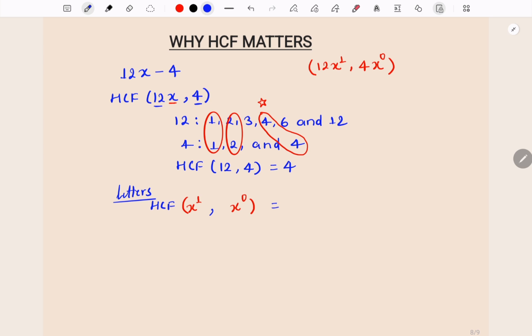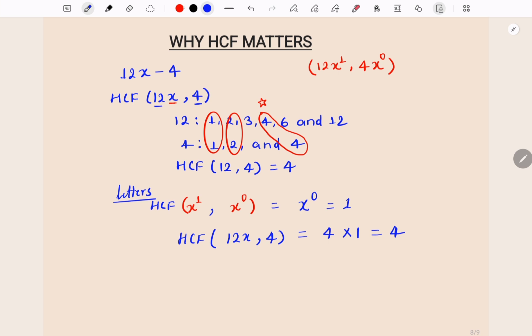using the rule that we just learned, we need to take the smaller power of the letter. So the smaller power is clearly 0. So x raised to the power 0 is 1, right? So the final HCF of 12x and 4 would be 4 times 1, that is just 4, right?